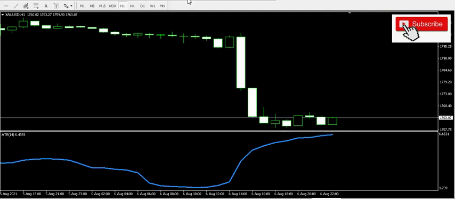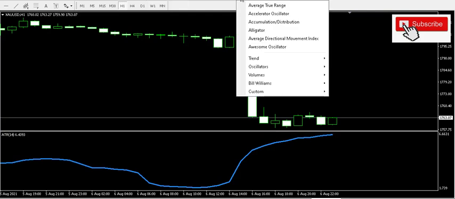What you can do is place the ATR indicator on your chart, on your trading chart or your MetaTrader chart. For the desktop, this is the ATR average true range indicator.